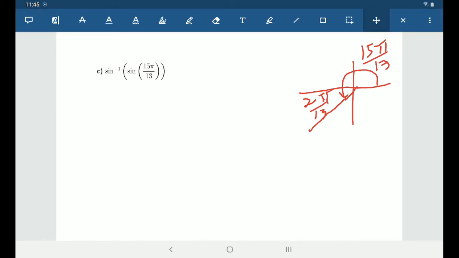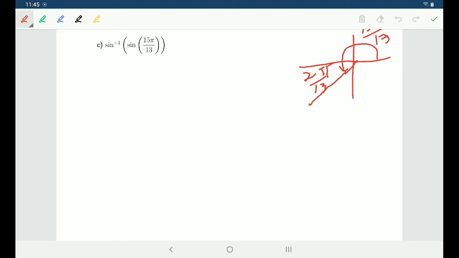Okay, so there's my angle, and I know that I'm definitely not in quadrant 1 or quadrant 4. Remember that that's the restricted domain for sine. We are in quadrant 3, and quadrant 3 is a place where sine is negative. Tangent is positive here, everybody else is negative, so I know sine of 15 pi over 13 will be some sort of negative value.